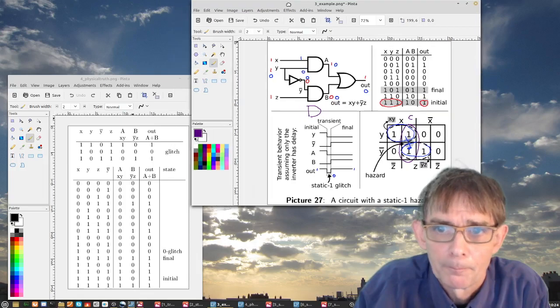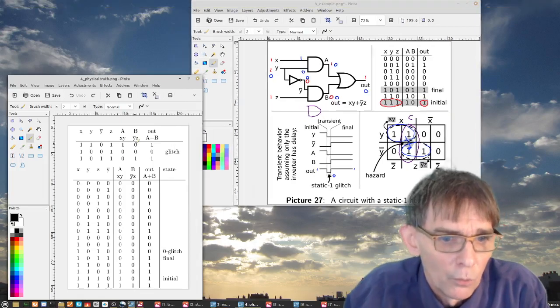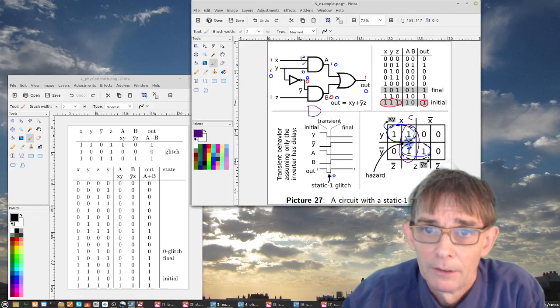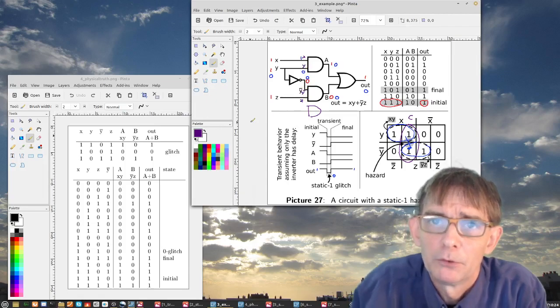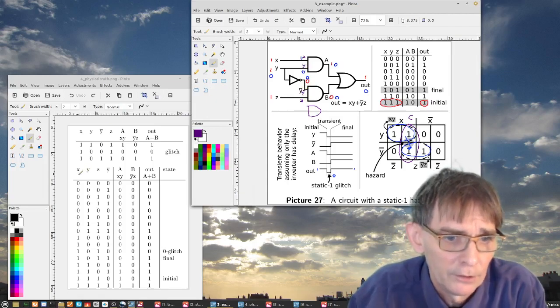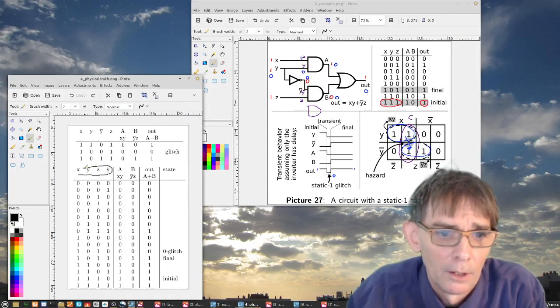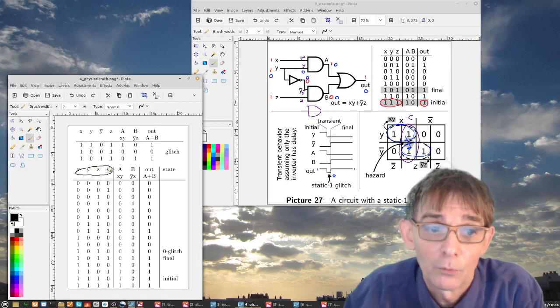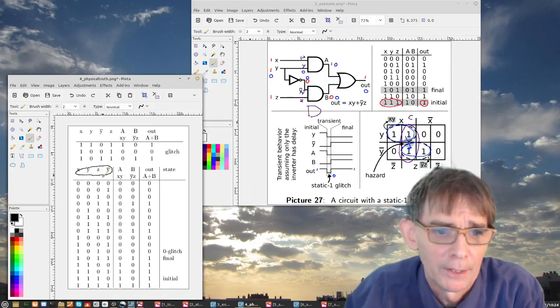We have this physical truth table because we have here X, Y, not Y, and Z at the inputs of the AND gates. So we have actually 4 input values, X, Y, Z, and not Y. And Y and not Y, they can be the same in some cases.